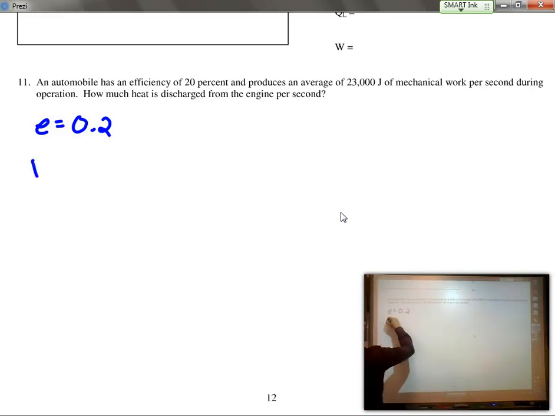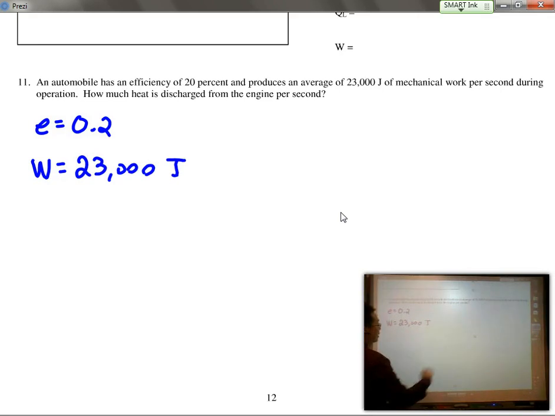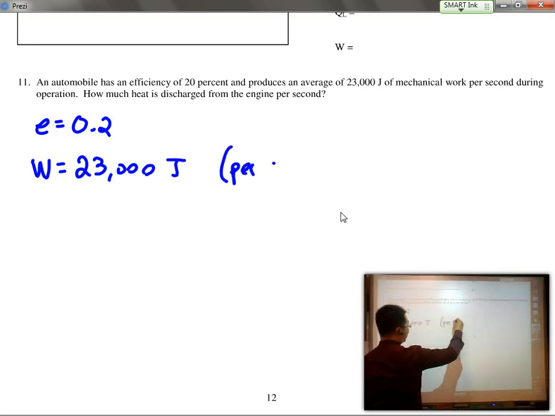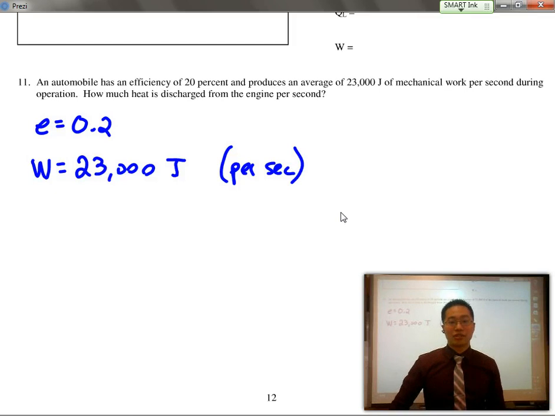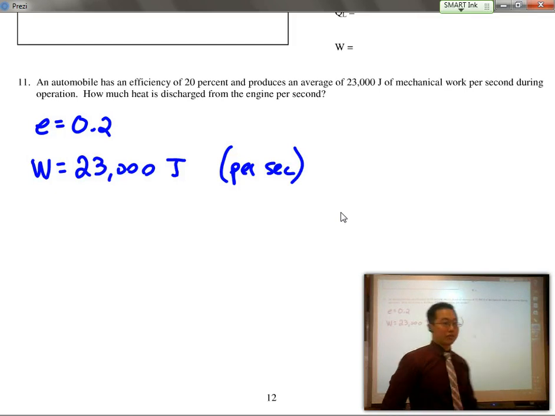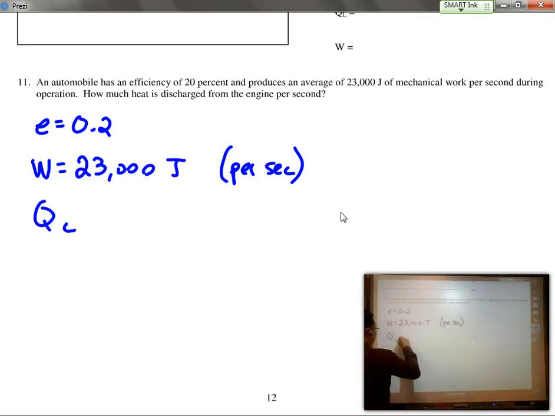So work is equal to 23,000 joules, but they say per second, and we'll talk more about what that really means and how we can rewrite the formula because of that. But it's 23,000 joules of work per second during the operation. How much heat is discharged from the engine per second? So looking for QC. Of course, that's per second also.